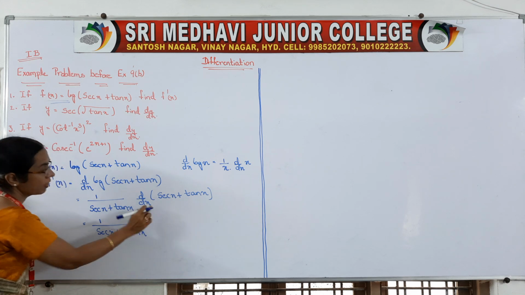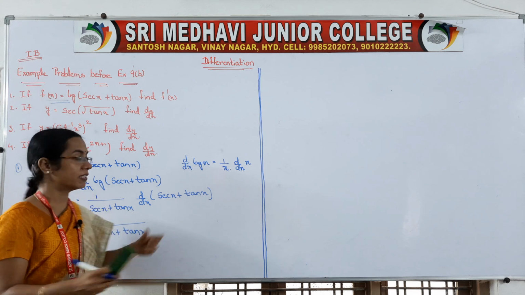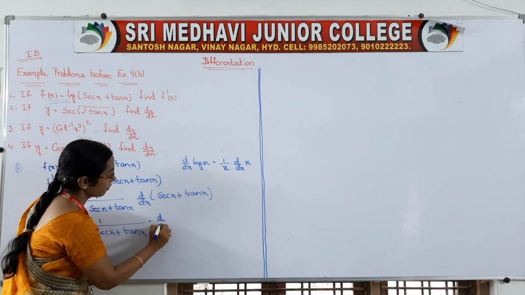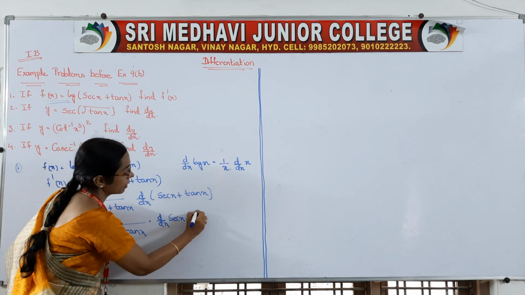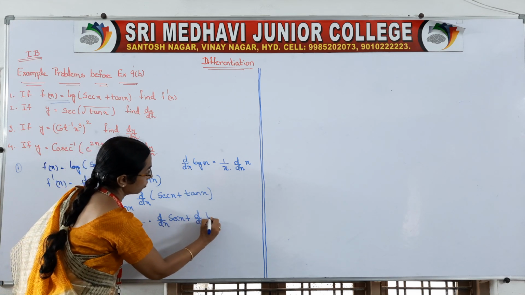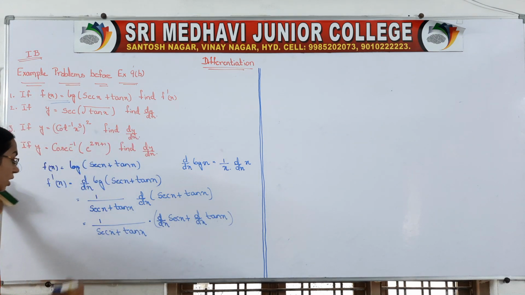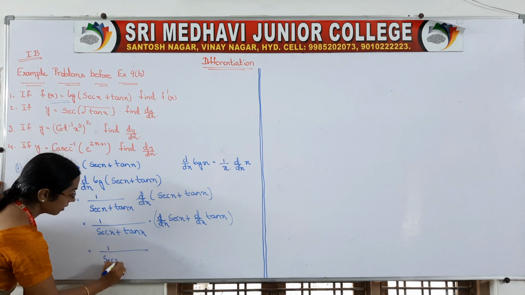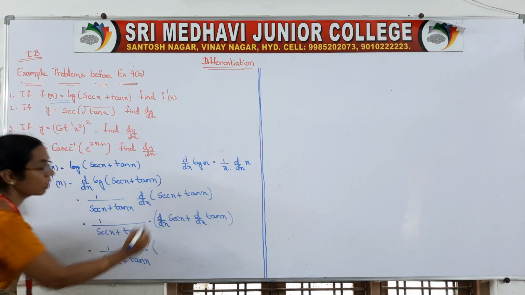I said whenever in the differentiation inside the bracket plus or minus is there, we have to take individual derivatives. So you can take d by dx of secant x plus d by dx of tan x.